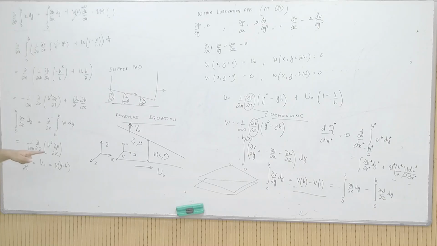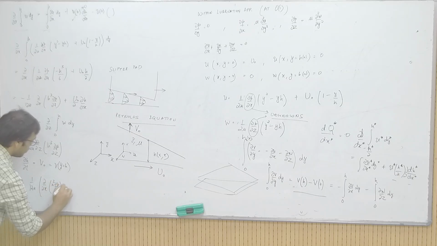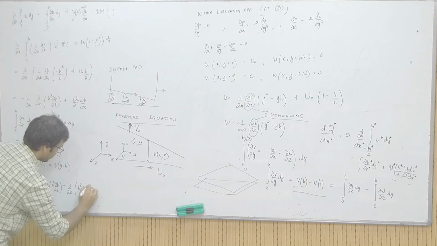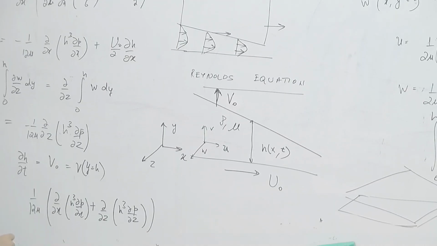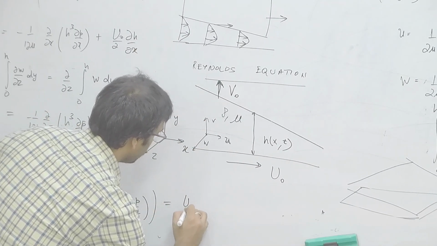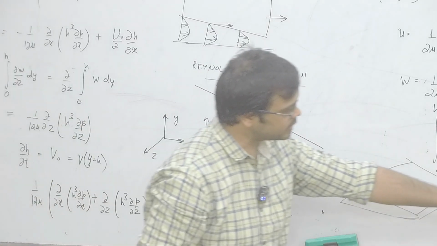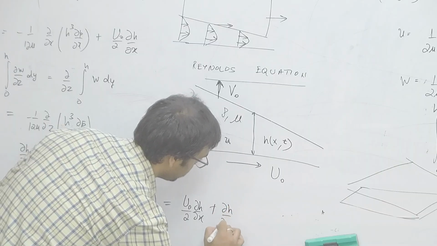So, now substituting this there, we get 1 by 12 mu of del by del x h cube del p over del x plus del by del z h cube del p over del z, so there is a minus which will become plus, equals u naught over 2 del h over del x, and then v at h can be written as del h over del t plus del h over del t.